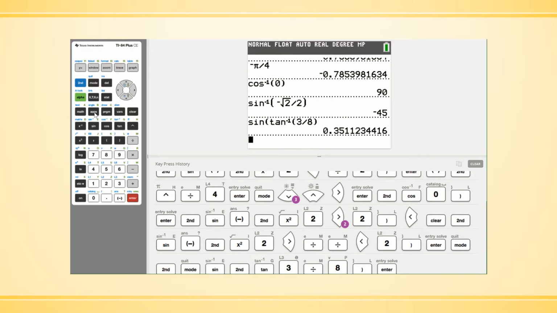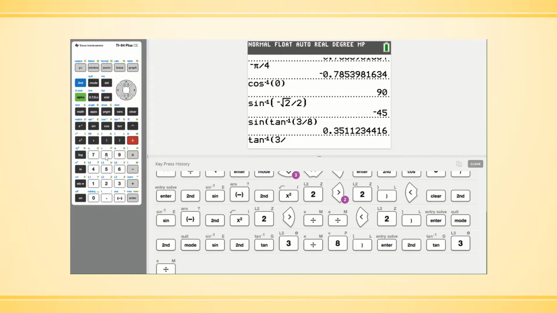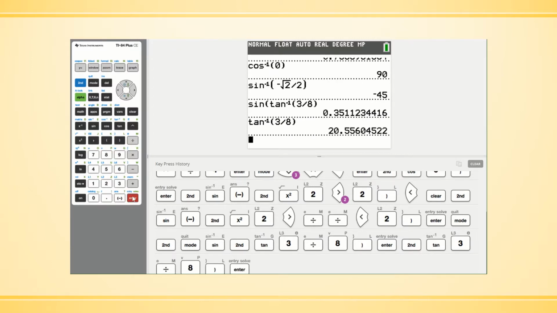Now, just as an aside, just curious, because that's the sine of an angle, I'm not asked, but what is the angle measure of the inverse tangent of 3/8? So inverse tan of 3/8. So that's 20.55, if I rounded that to the nearest degree, 21 degrees.